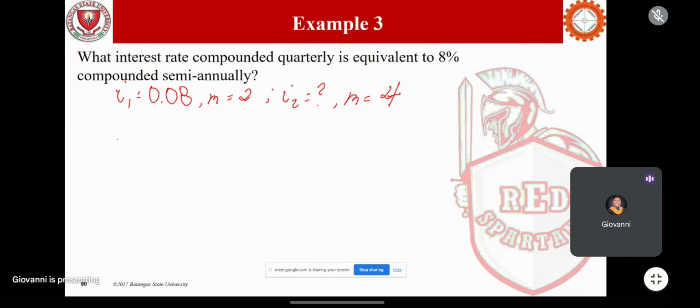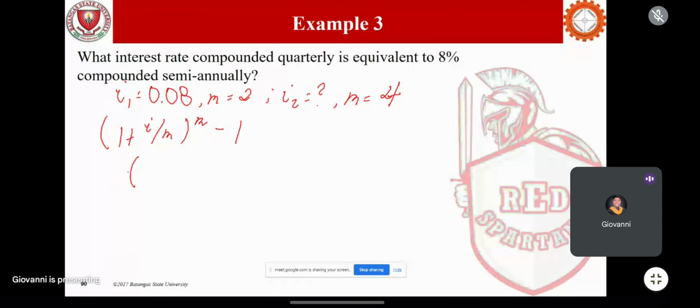Then, di ba meron tayong formula for interest? So, sabi ay 1 plus I over M raised to M. Di ba yan yung formula natin for ERI? Minus 1 actually. Then cancel out lang naman kasi kailangan nating i-equate.